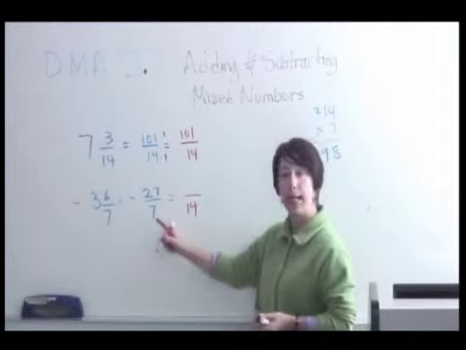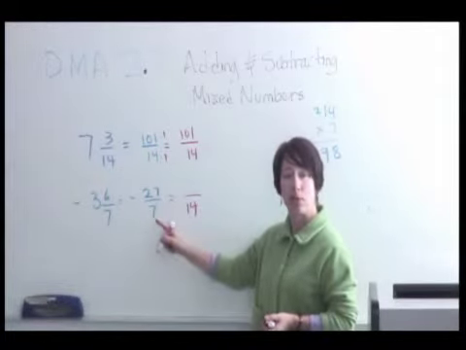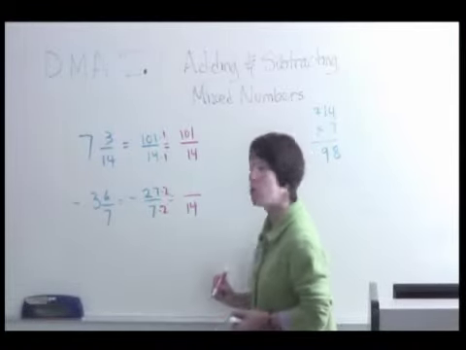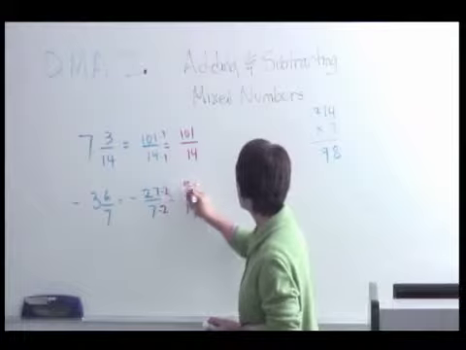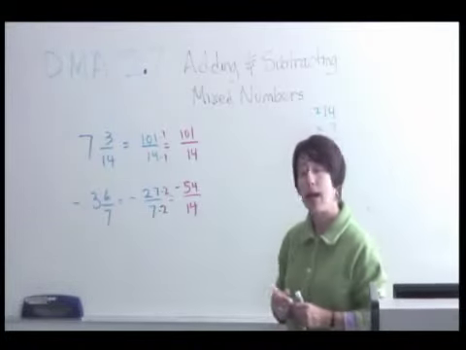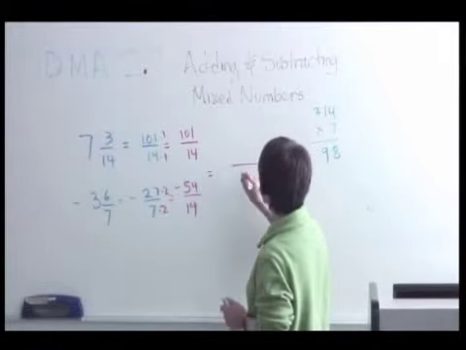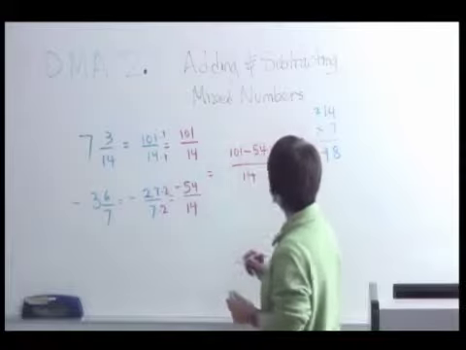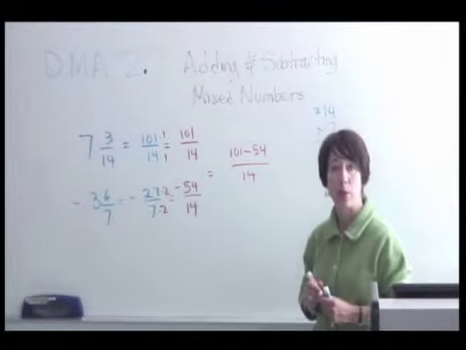But here to get to 14 from 7 we've got to multiply by 2. So 2 times 27 is 54. So now that we have the same denominator, we can go ahead and do our subtraction.